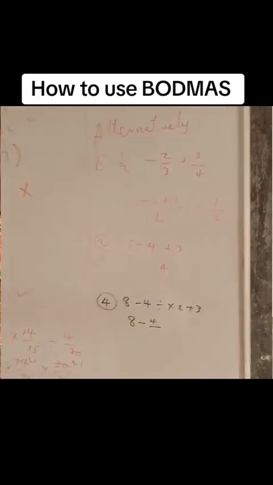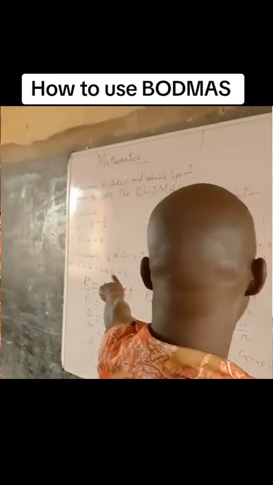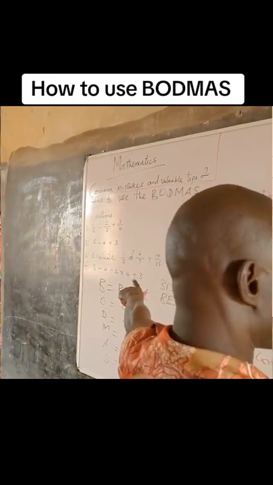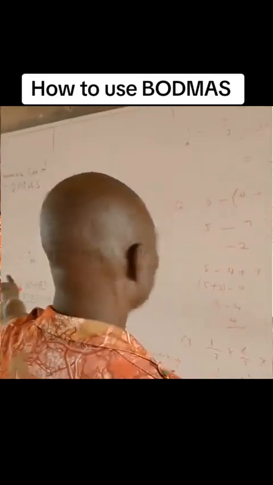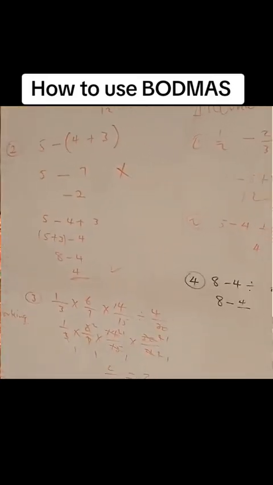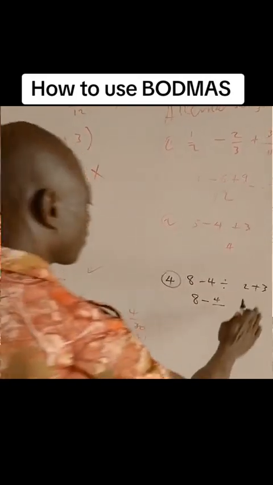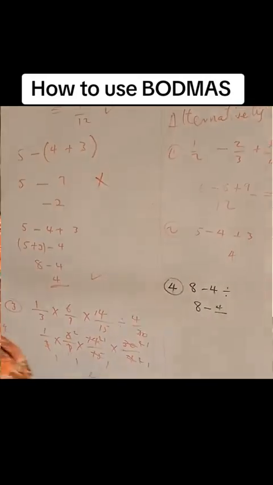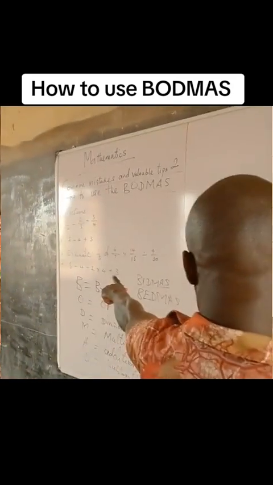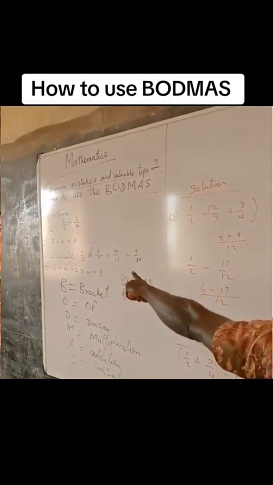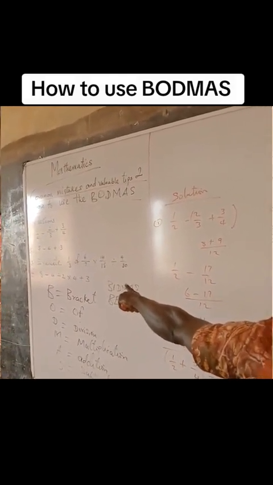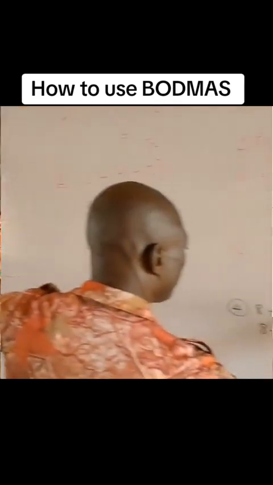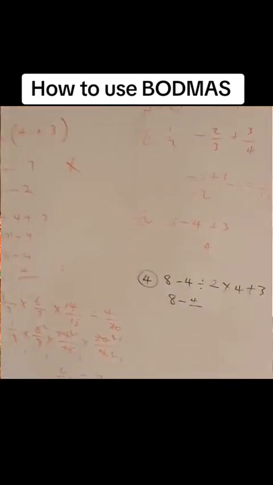From the question it is 2. 8 minus 4 divided by 2 times 4 plus 3. That's the question.